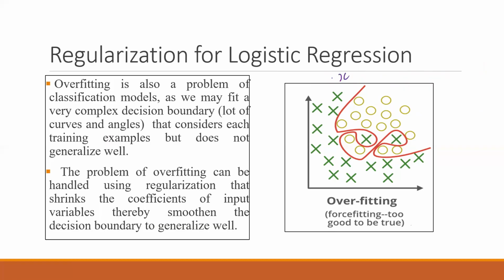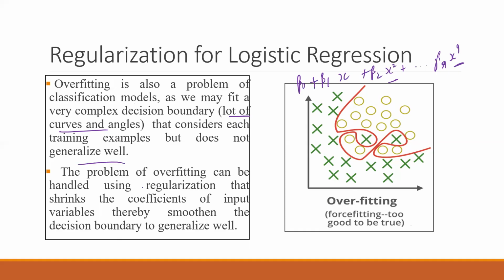So it will be beta naught plus beta 1 x plus beta 2 x square up to beta 9 x to the power 9. So yeah, we have to work with the power of x, and the equation will be very complex in that case. So overfitting is also a problem of classification, as we may fit a very complex decision boundary. Lots of curves and angles are there that consider each training example but do not generalize well.